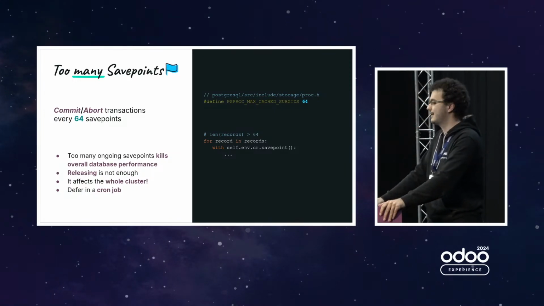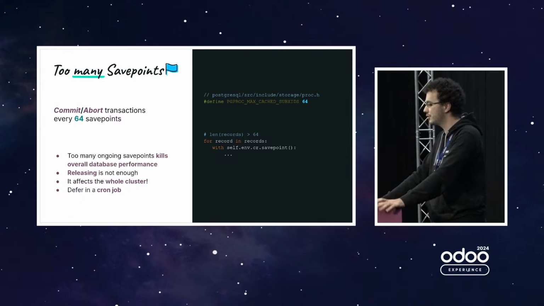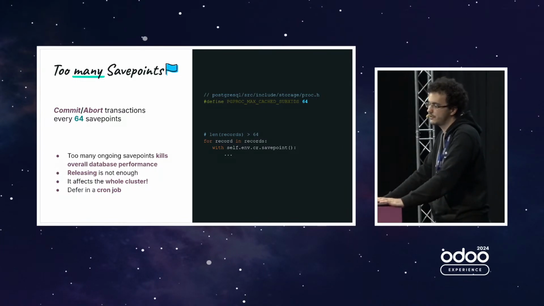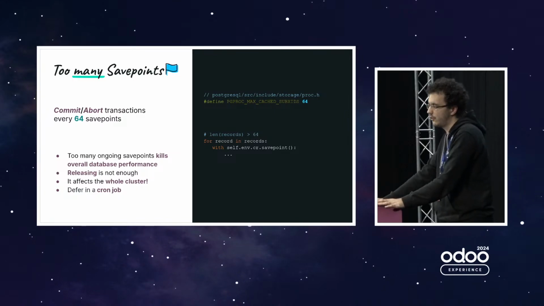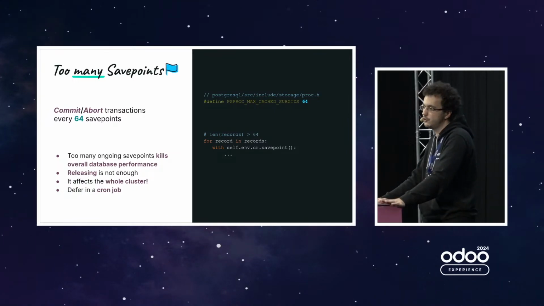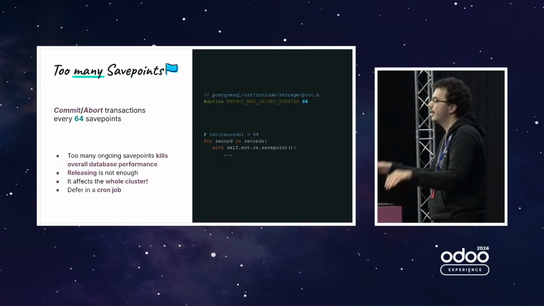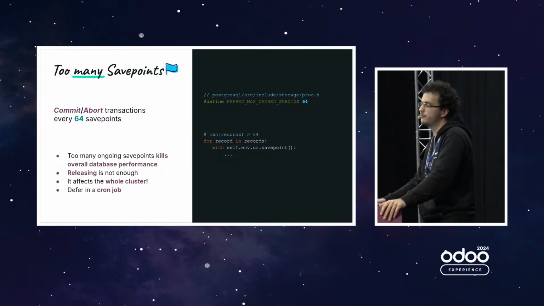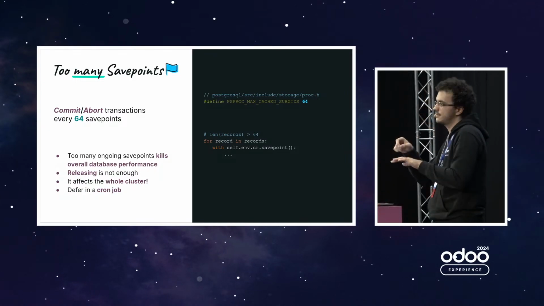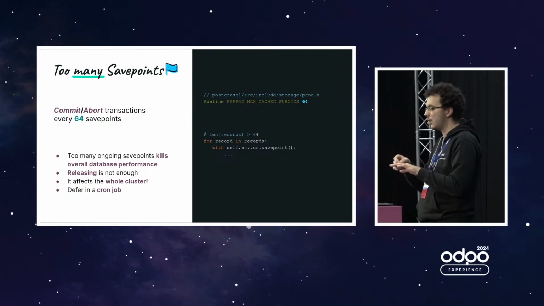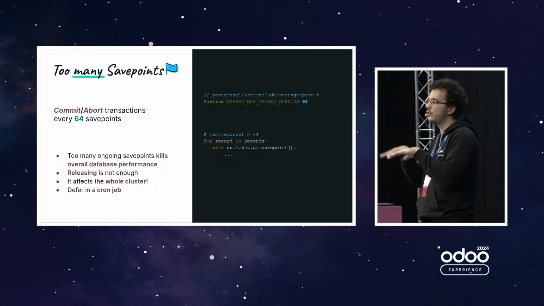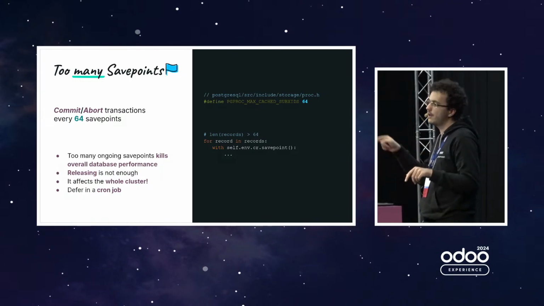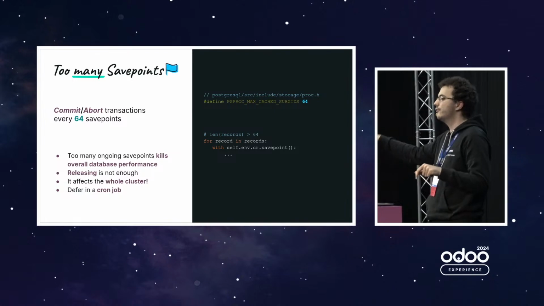Postgres has a cache for savepoints, which in Postgres terms are called subtransaction IDs, and they have a hard-coded cache value of 64. What does it mean? Postgres needs to do bookkeeping: when you have parallel requests, it needs to keep track of which process has ongoing savepoints, ongoing subtransaction IDs, and broadcast them to the other processes so they are aware that this record that got updated has a lock on it for that subtransaction ID.